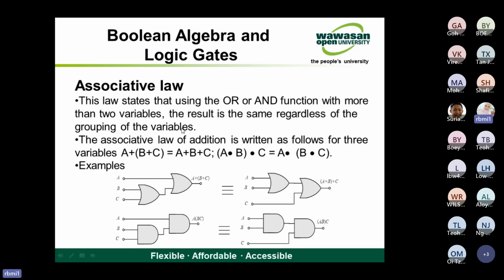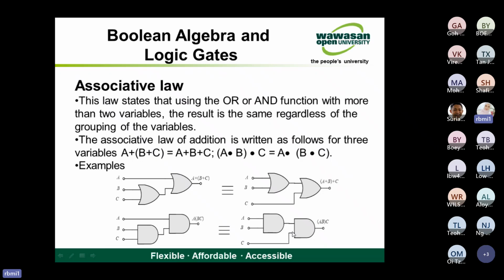Now we have the associative law of addition. If we have three inputs, we can write this expression as a circuit of 2 OR gates, and we can also have this term. This is the manipulation here. We can simplify by this and also by this.